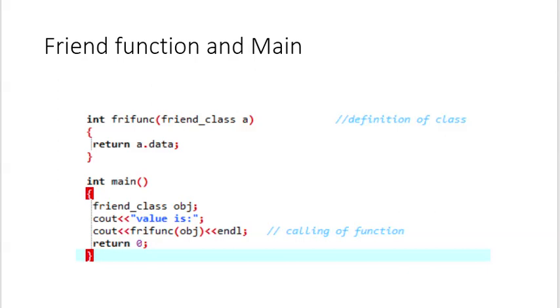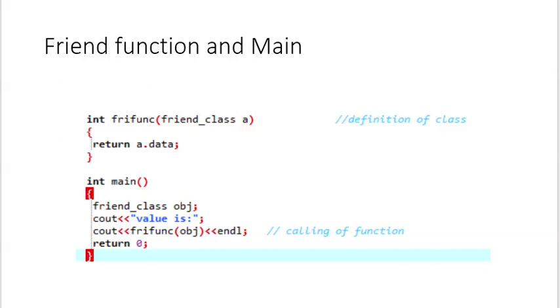Then the main function just simply creates an object, and then if you want to print the value of the variable which we declared in the class, it's the method of calling a function: simply write the name of the friend function, and then in the brackets write the name of the object.